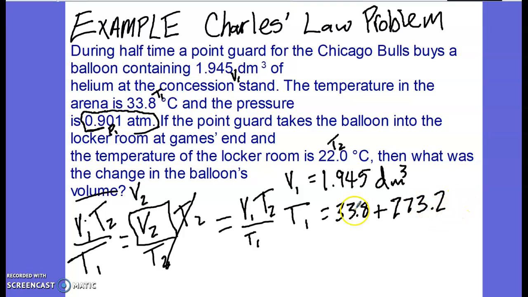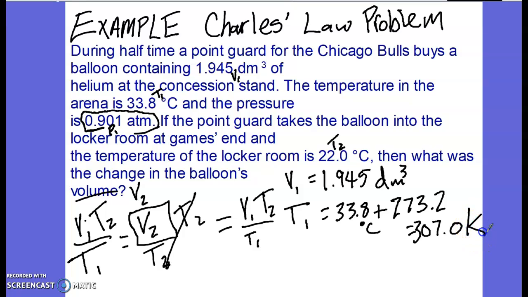We have to convert this degrees Celsius into Kelvin. So what would that be equal to? That would be 307 Kelvin.